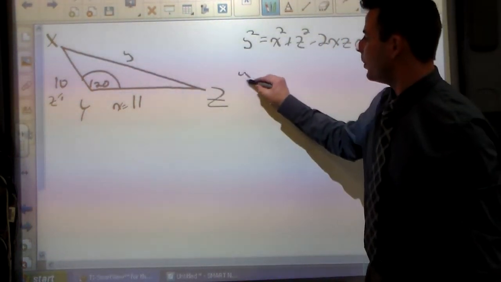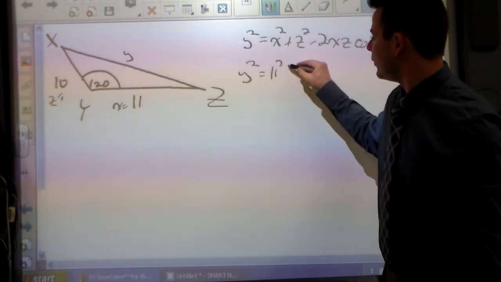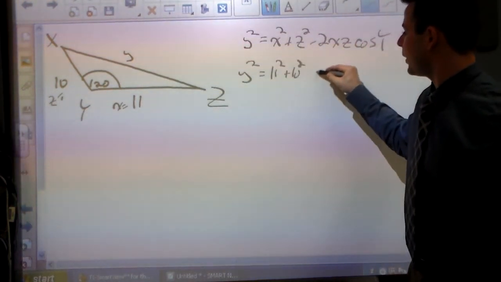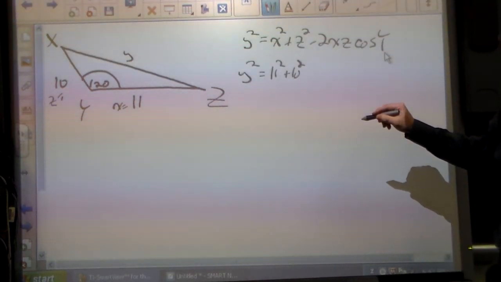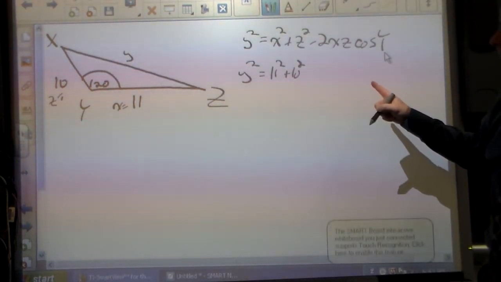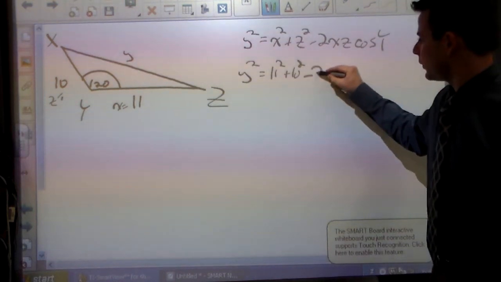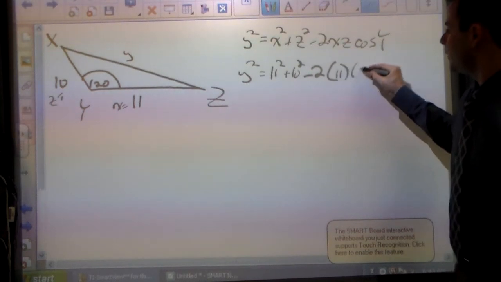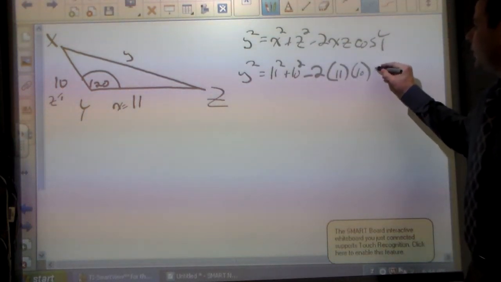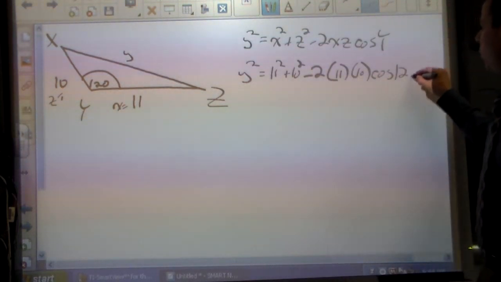So let's plug in our known information. y squared equals 11 squared plus 10 squared minus 2 times 11 times 10 times the cosine of 120.